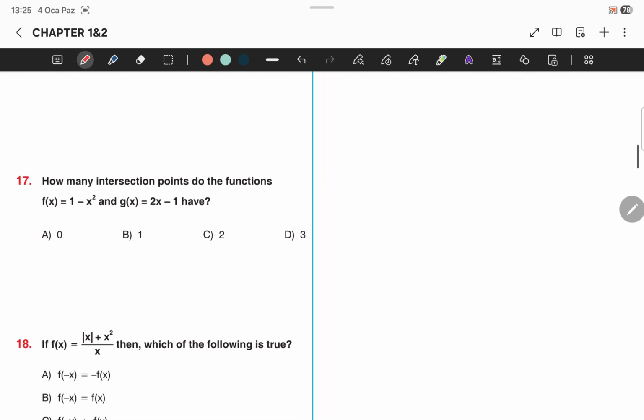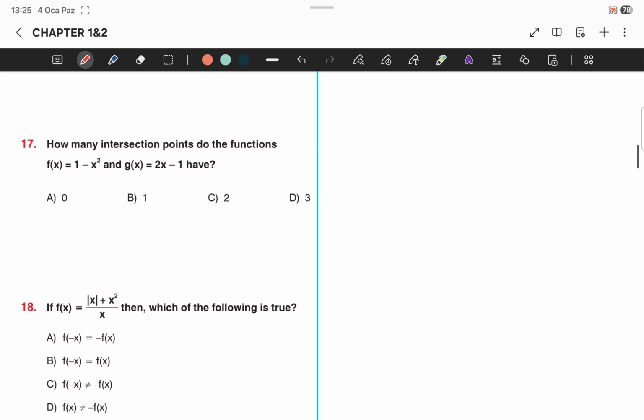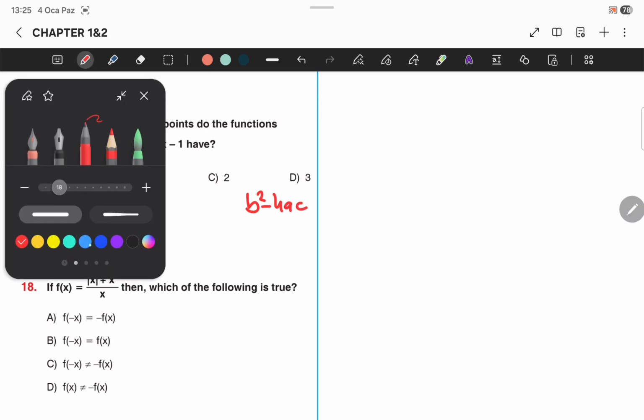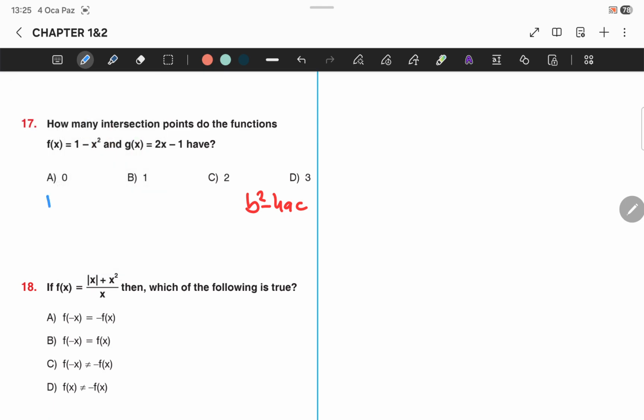How many intersection points? How many question, we have? He said how many. So for a how many question, I have to use, you know, b squared minus 4ac. But before I use this, I have to change the function. F of x equal to g of x. 1 minus x squared equal to 2x minus 1.